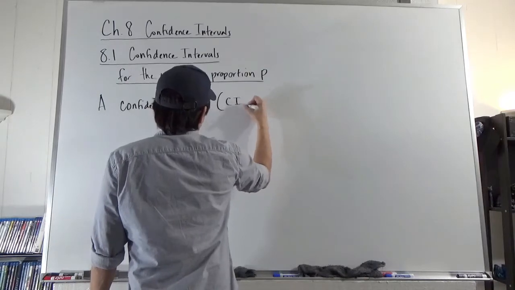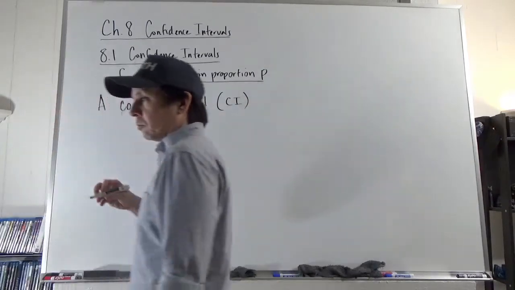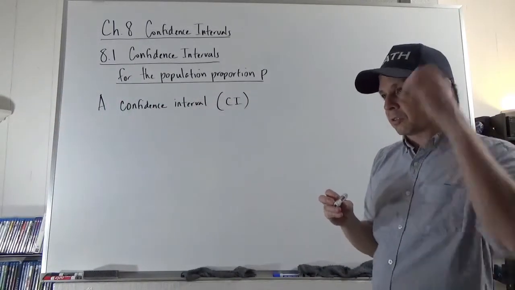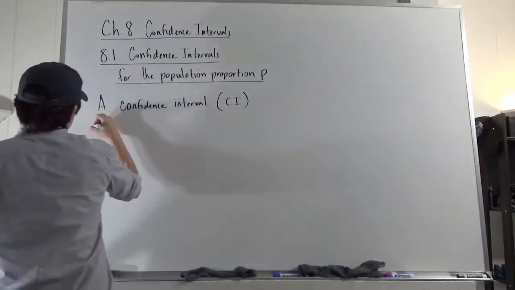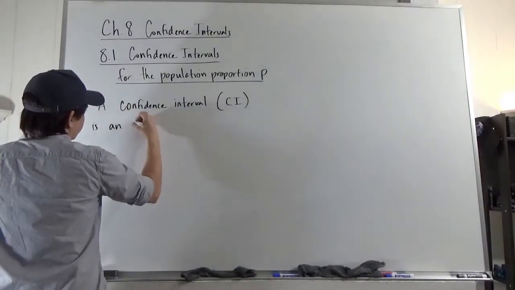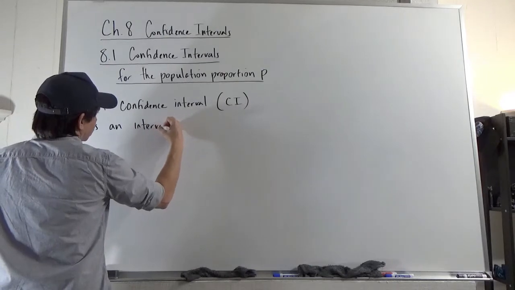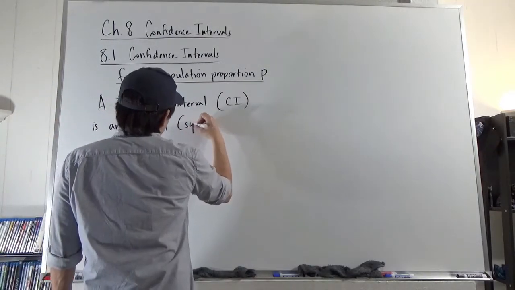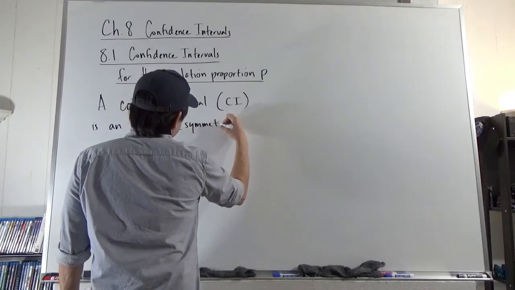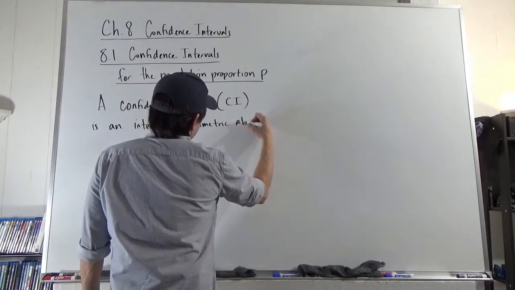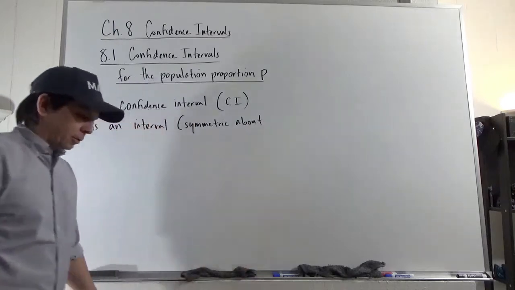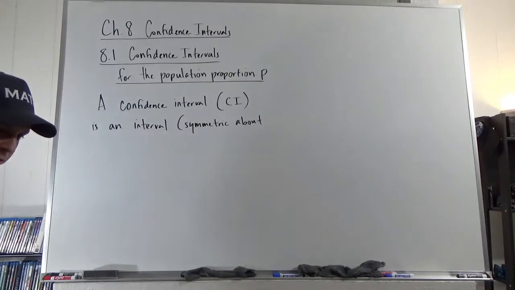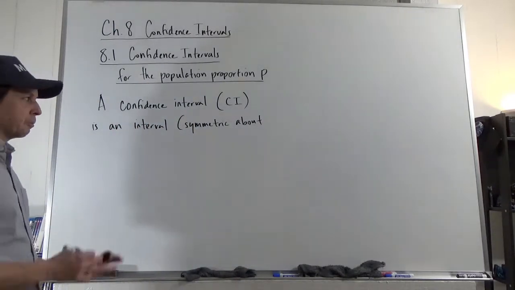Sometimes abbreviated CI. That's very common in various studies and statistical analyses. It is an interval, which is a range of values, symmetric about the mean. Back when we started to do the things that we will need to do this, as z-scores, we said symmetric about the origin, but here it's going to be about the mean.